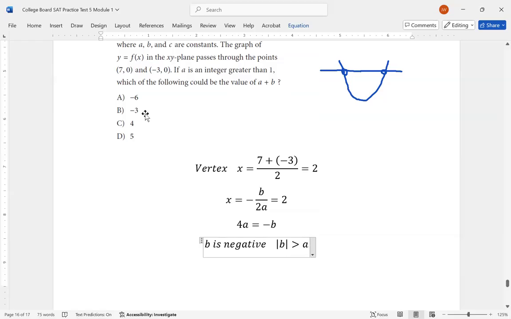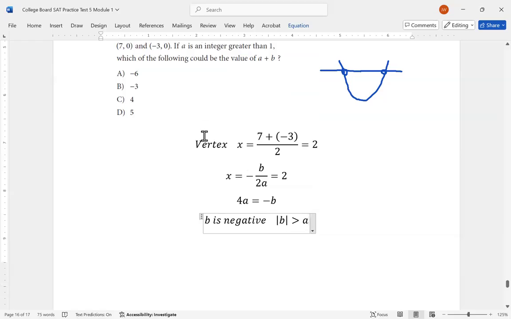Okay, so let's check each of those options manually.